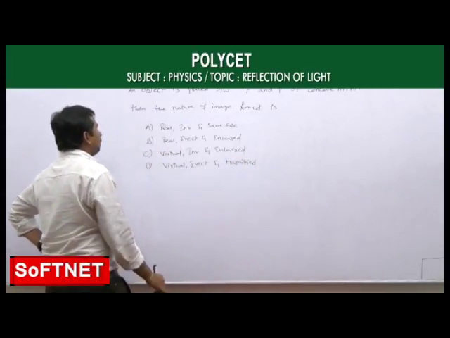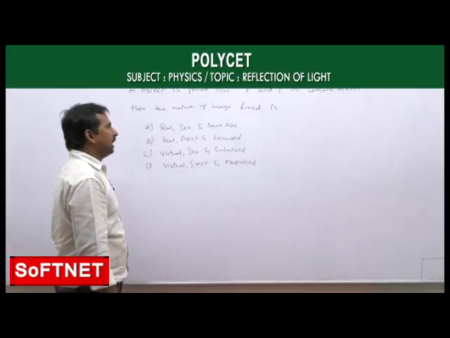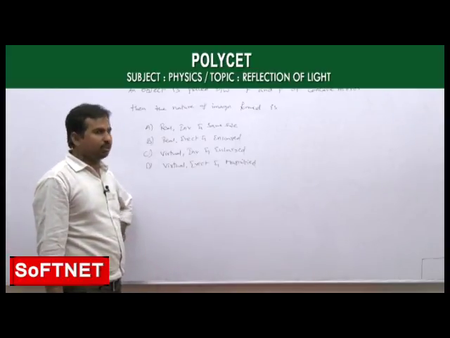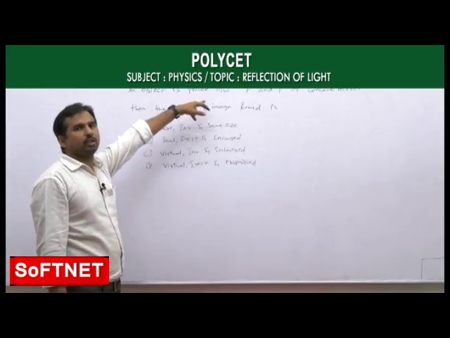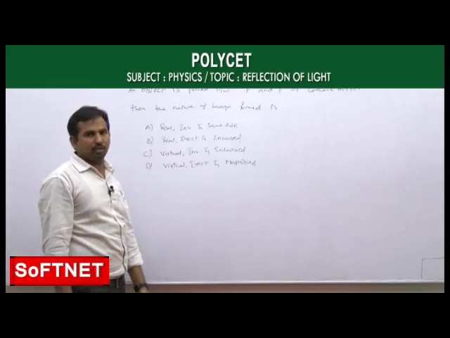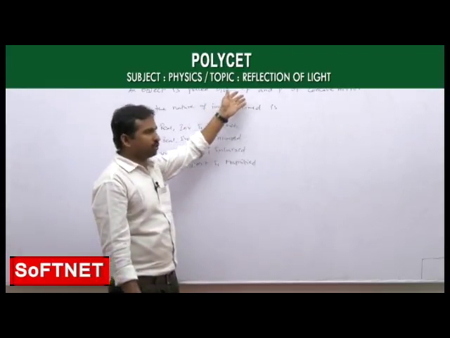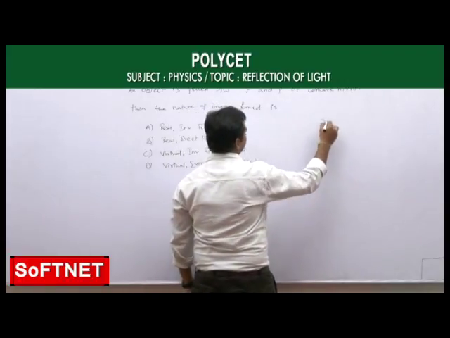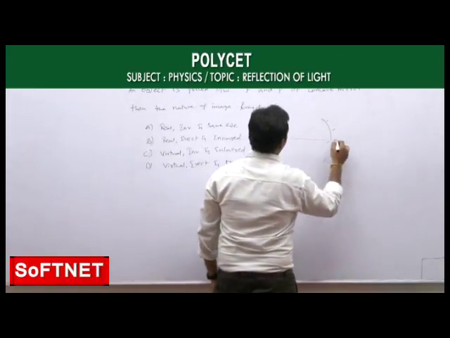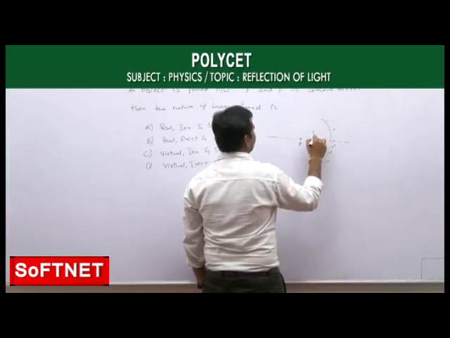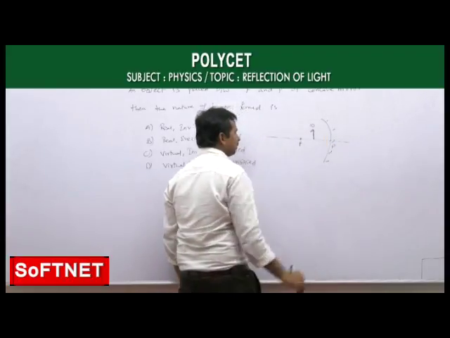If you see the question again, an object is placed between F and P of a concave mirror, then the nature of the image formed is, which is the special case of the concave mirror. Only in one case does it form a virtual image, when the object is placed very close to the mirror, like this. This is the position of the object.